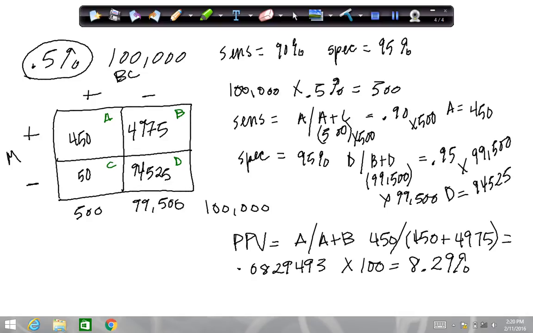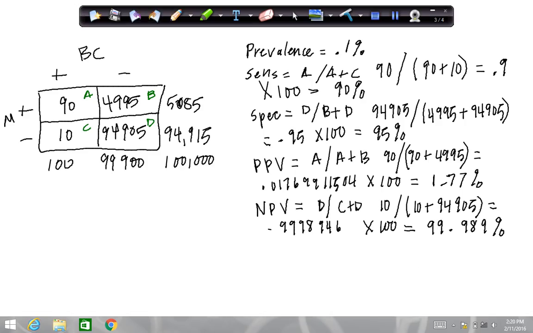So with a new prevalence of 0.5%, our new positive predictive value is 8.29%. Now, if you remember from the last slide, our positive predictive value was 1.77%, and the prevalence was 0.1%.